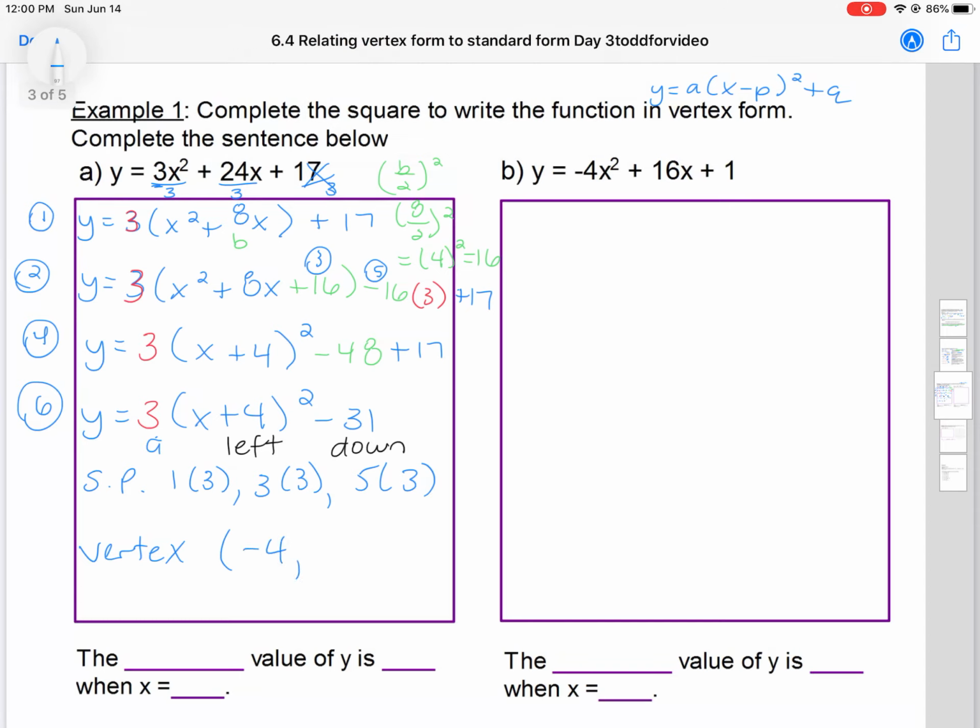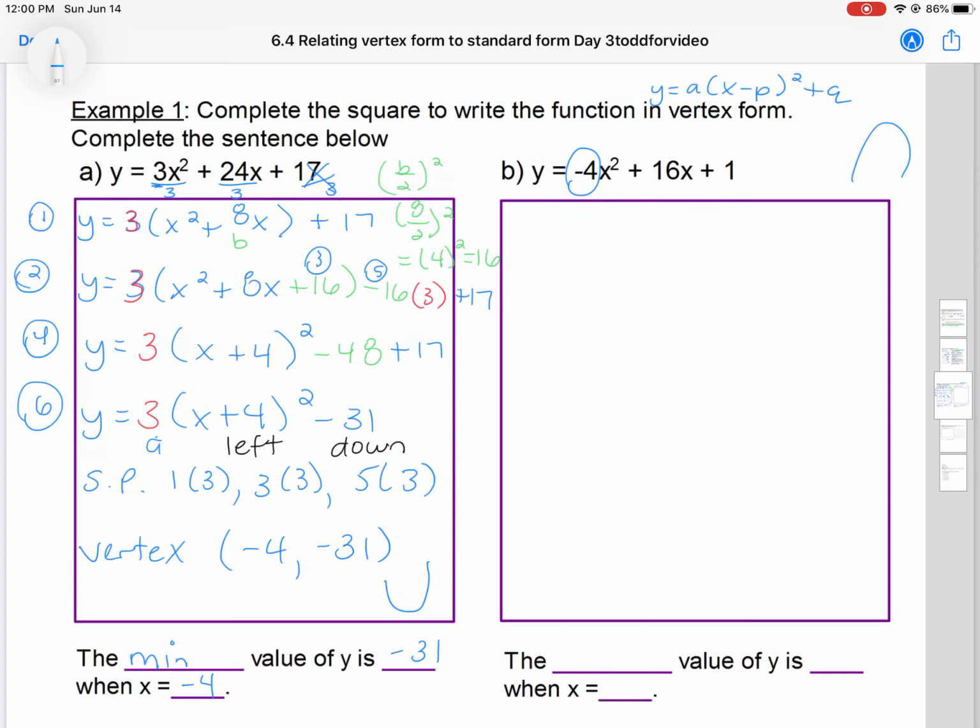So left 4 and down 31. Since it's a positive a value, the parabola opens up. So the optimal value, or the vertex, is a minimum when y is -31 and the x value is -4.